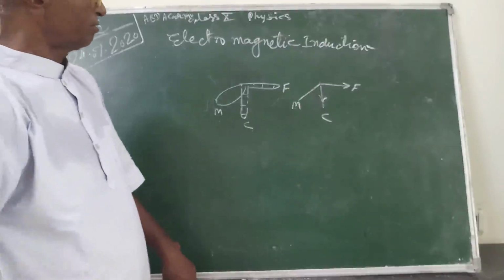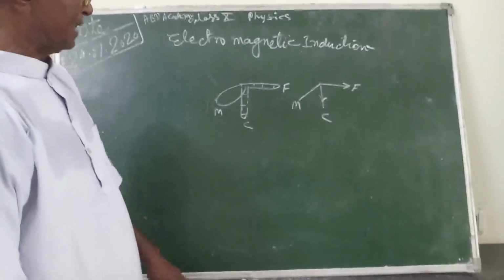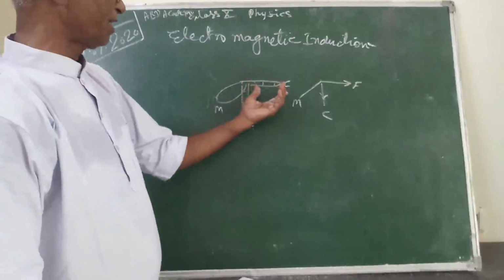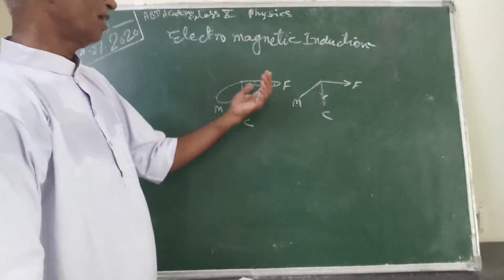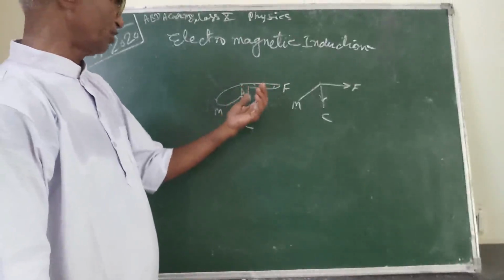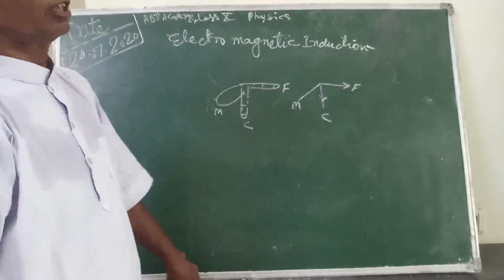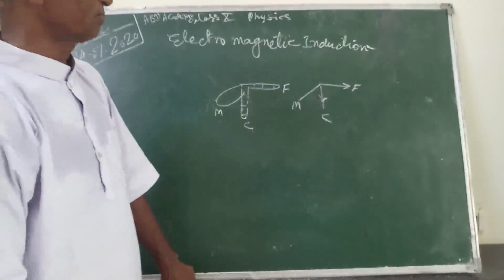He gave the idea that due to the motion and the magnetic field, a temporary or induced current is generated in the coil, which can be utilized for various purposes.